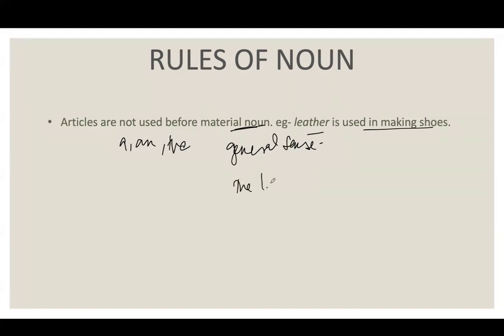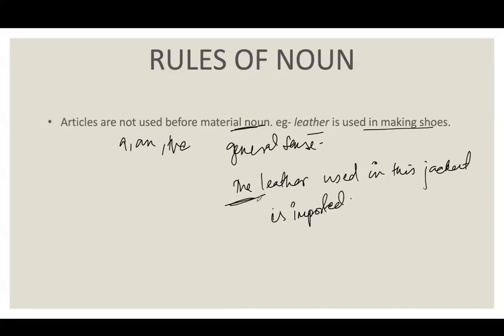If I say the leather used in this jacket is imported, here the specifies a particular leather which is related to the jacket. Other examples of material noun where article is not used: gold is a precious metal.